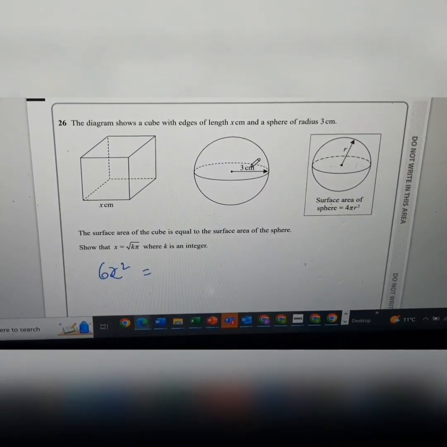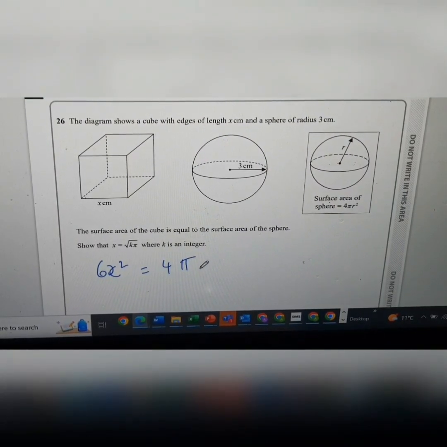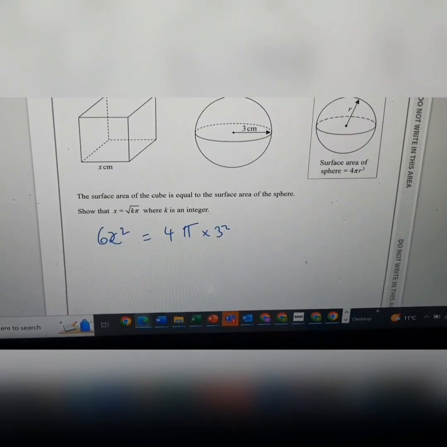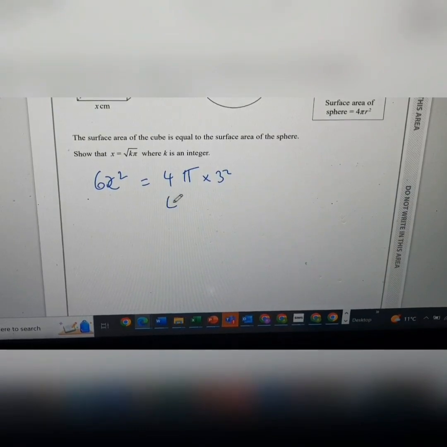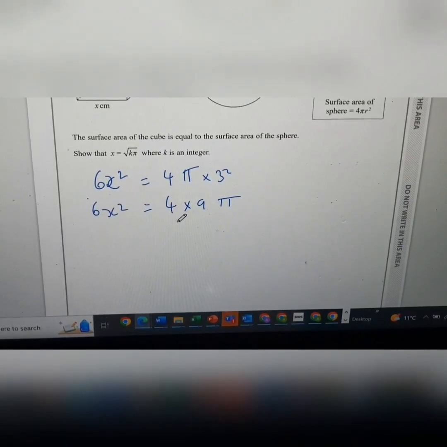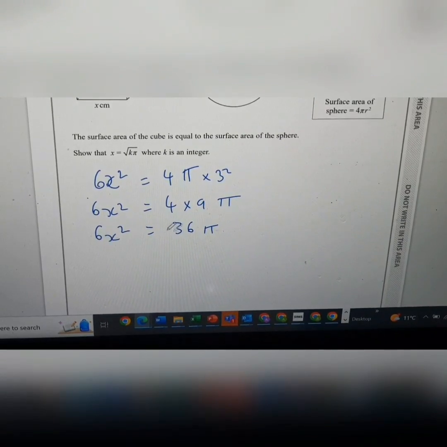We already know what the radius is. The radius is 3, so 4 pi times 3 squared. Just make this as simple as possible by doing 3 squared is 9, so 4 times 9 pi. So this is 36 pi equals 6x squared.